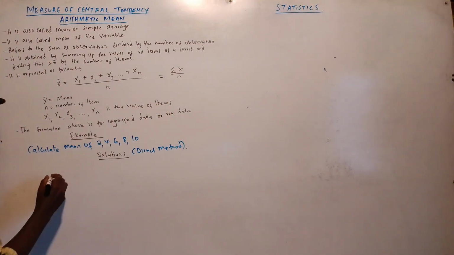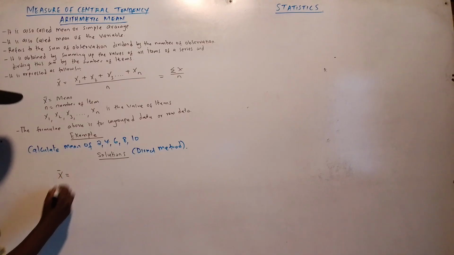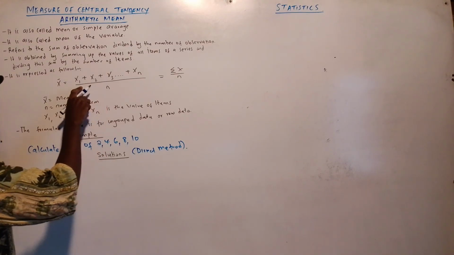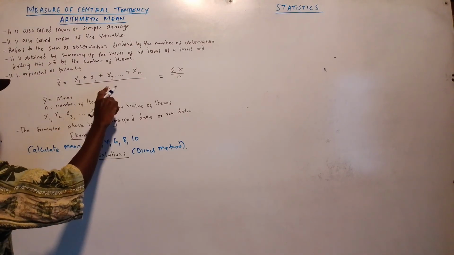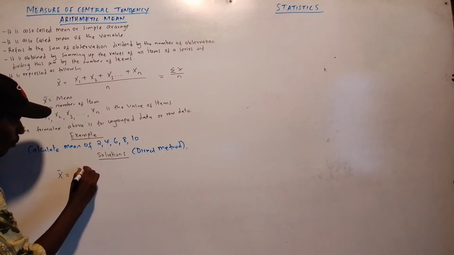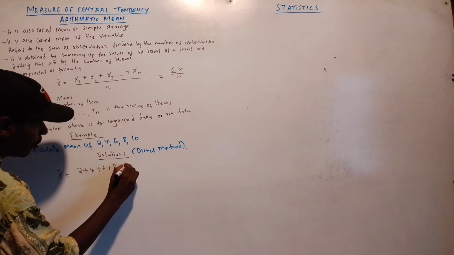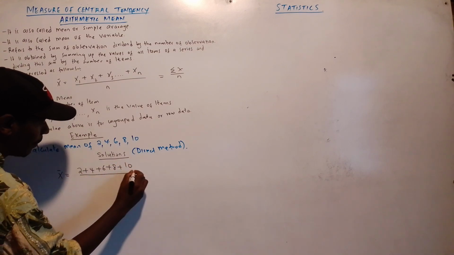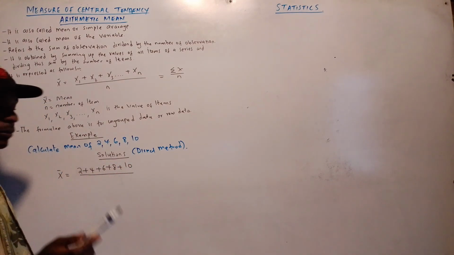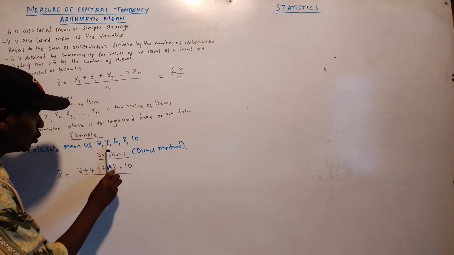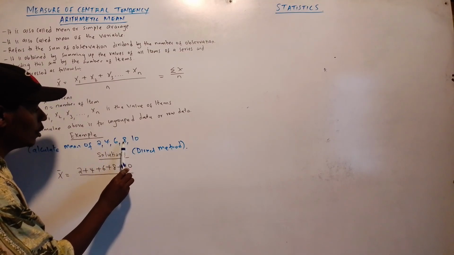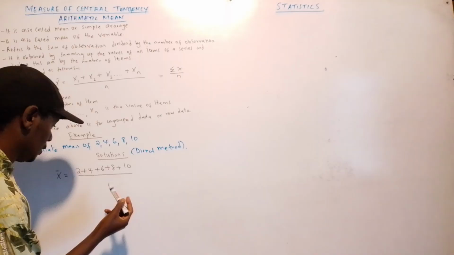So mean will be equal to the summation of our values, which is 2 plus 4 plus 6 plus 8 plus 10. We divide it by the number of observations. What's the number of observations? 1, 2, 3, 4, and 5.